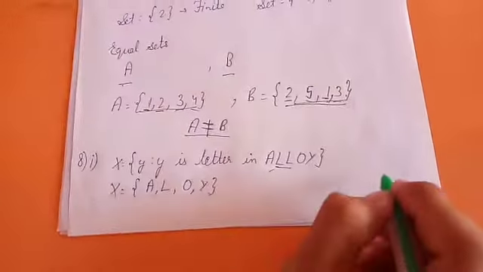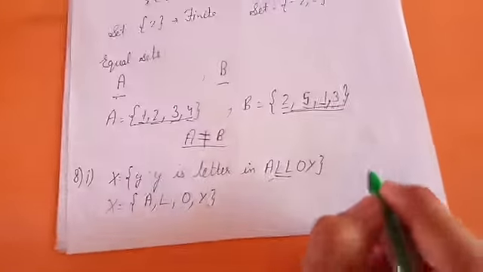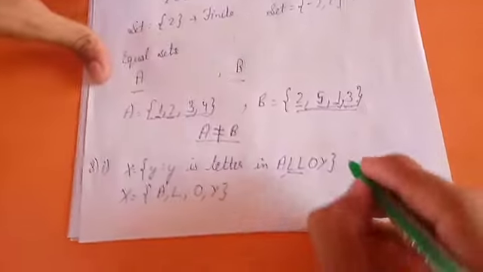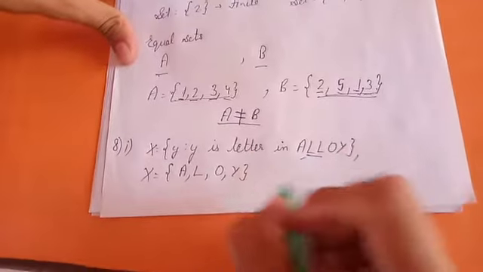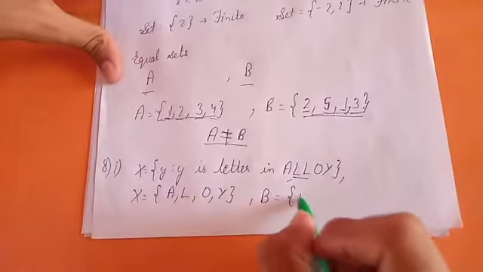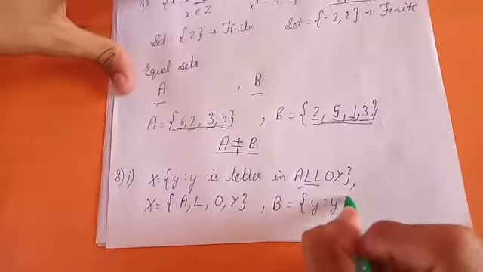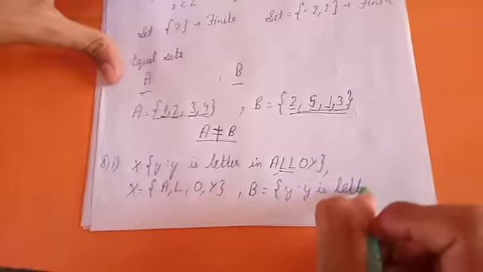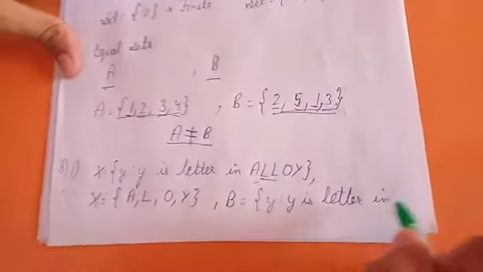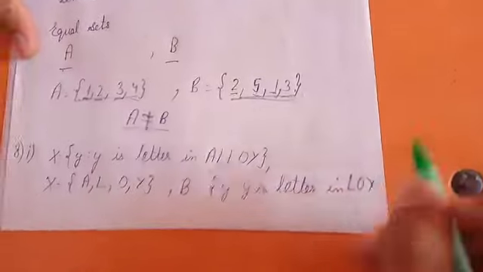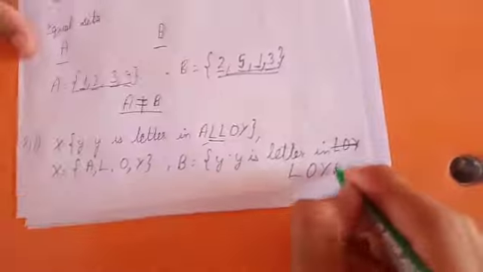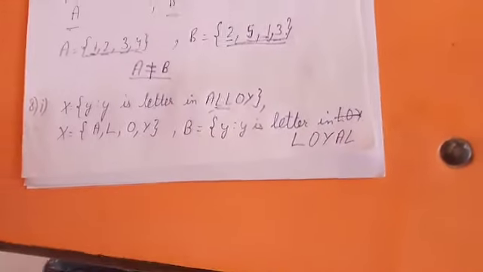And now another set B they have given, the set of letters in LOL. Another word they have given. B is y such that y is a letter in word LOL. Okay.